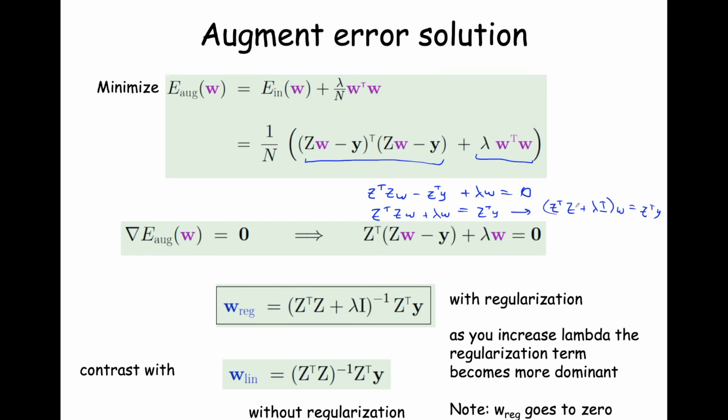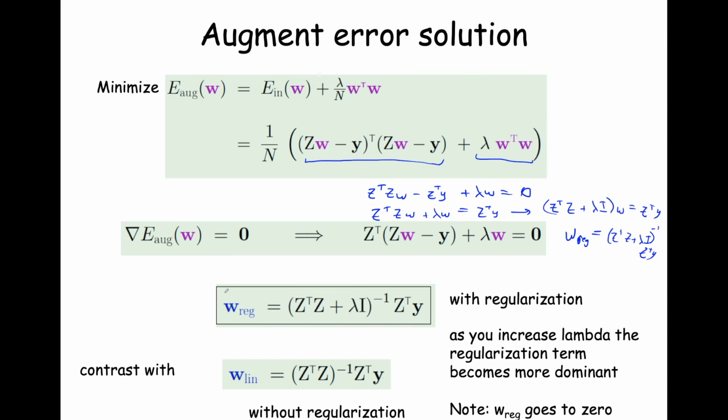We right multiply by the inverse of Z transpose Z plus lambda I, and we get our solution we're calling W_reg, for regularized regression solution, is equal to Z transpose Z plus lambda I inverse Z transpose Y. And that we're going to call W_reg.